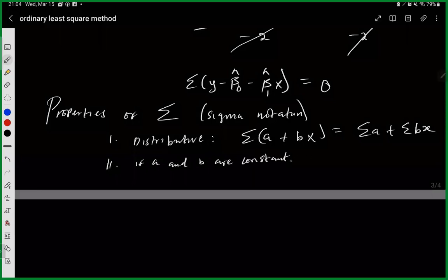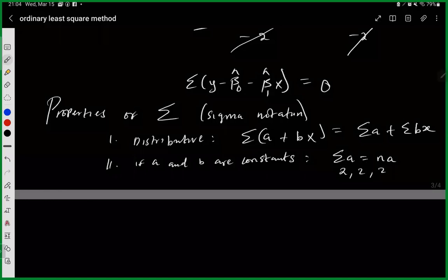number 1, summation a is equal to n times a. What does that mean? The number of times that this a appears times a itself. For example, if we have 2, 2, 2, 2.